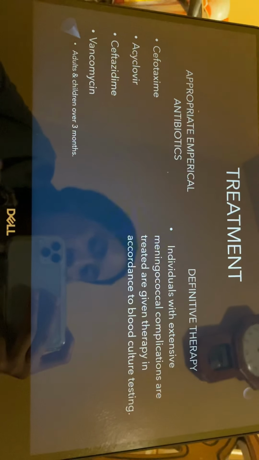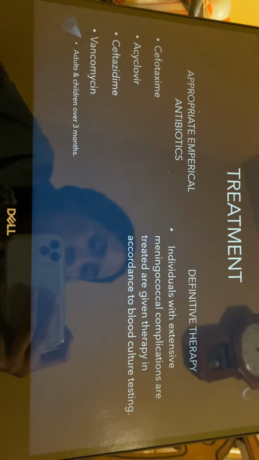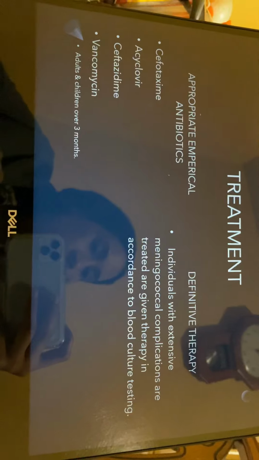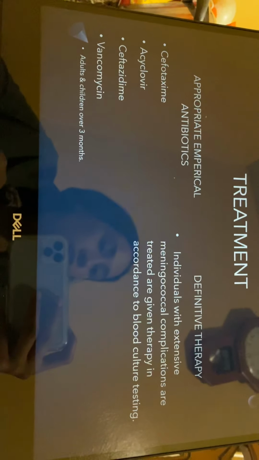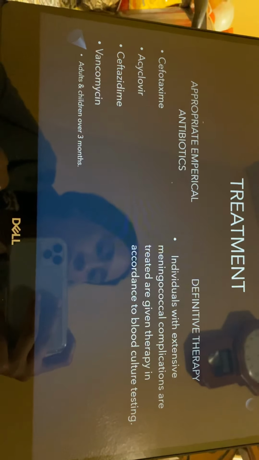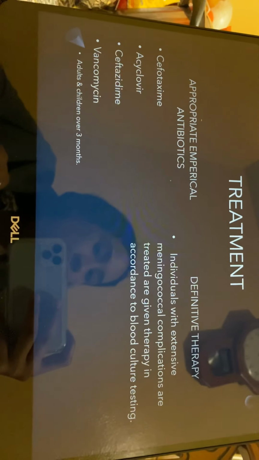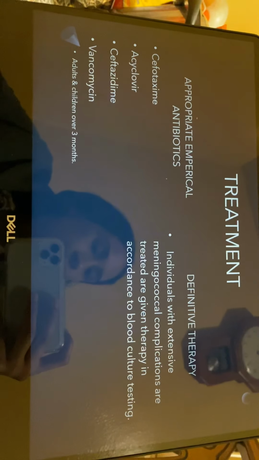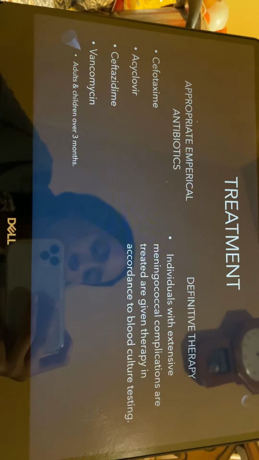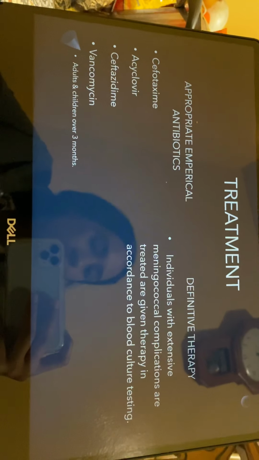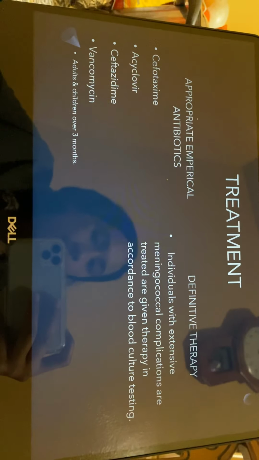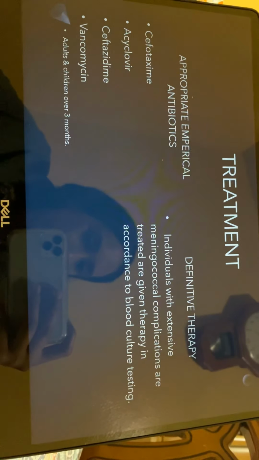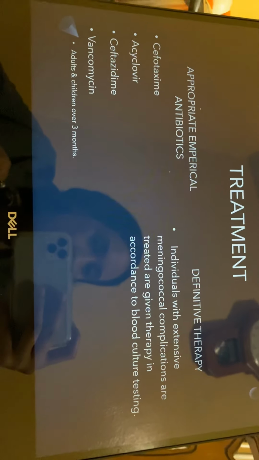Very rare but common cases of extensive meningococcal complications are usually treated with therapy. Usually it is definitive due to the patient's impairments caused by the bacteria and other disabilities. So there are my treatments.